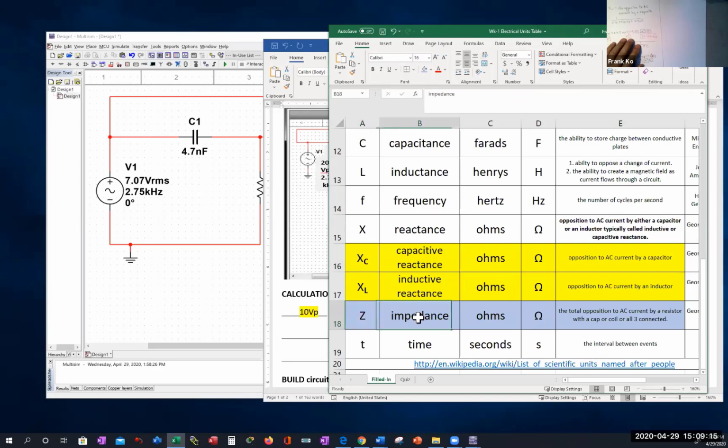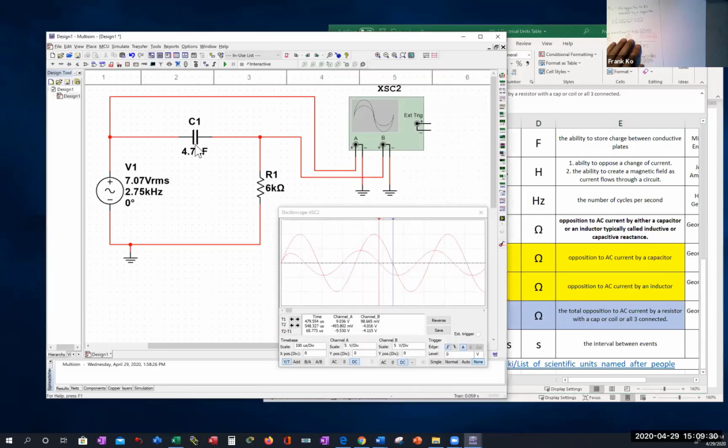Z, impedance measured in units of ohms, omega, and it was defined as the total opposition of current in an AC circuit. There are ohms that are exhibited by this capacitor, 12.31 kilo ohms. There are ohms exhibited by this resistor, 6K ohms. What is the total ohms?